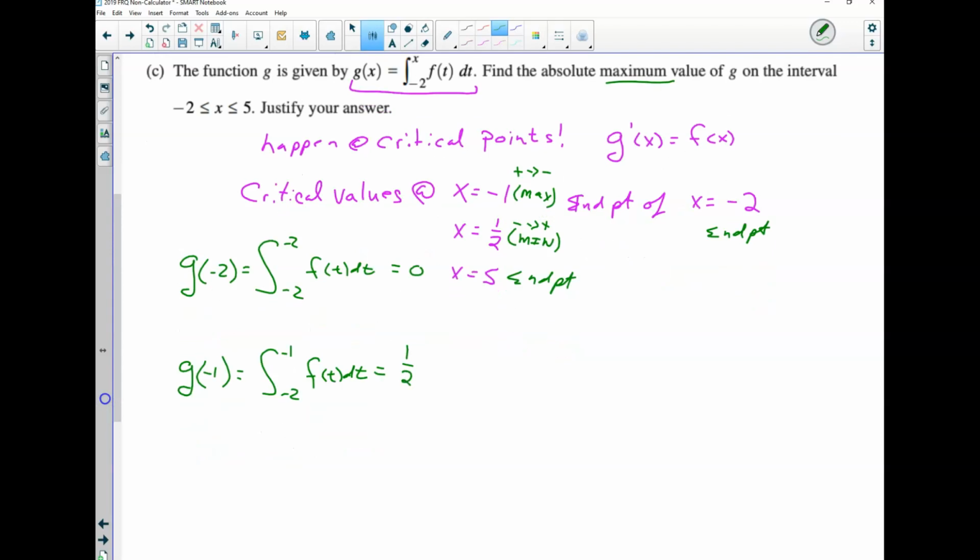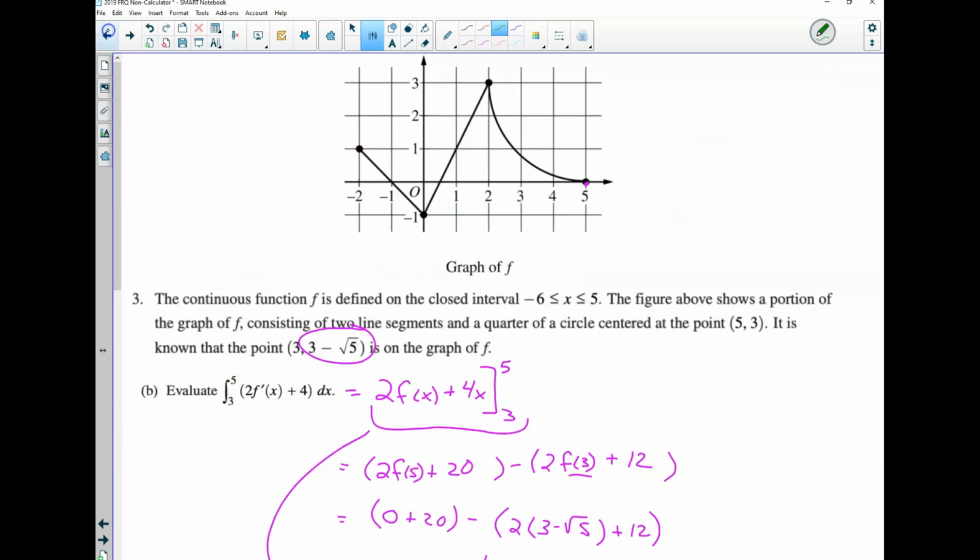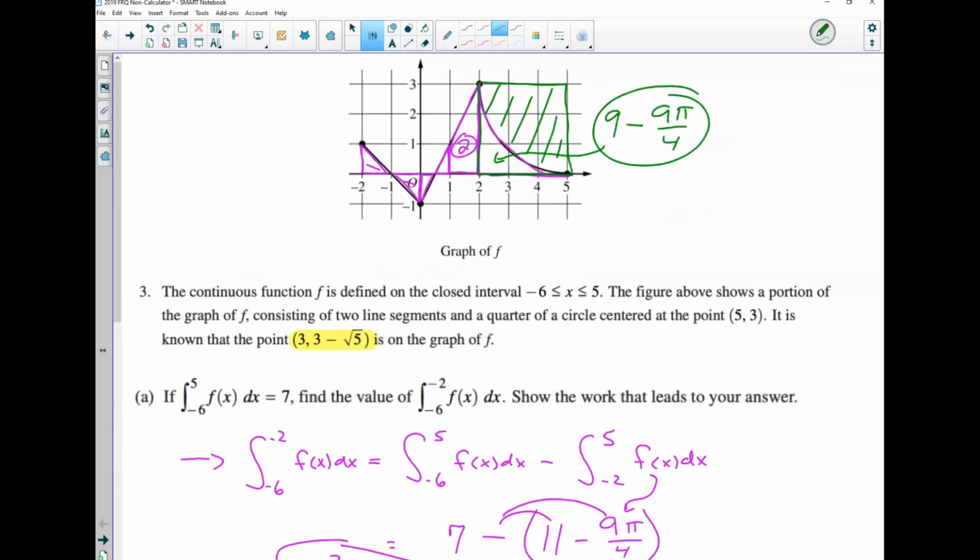And I also need to know my other endpoint. I need to know what g of 5 is going to be. Well, that's my integral from negative 2 to 5. And I found that back in the previous section, didn't I? We found that value back here in part A. That was 9 minus 9 pi over 4. No, it was, yeah. No, it wasn't. Was it? Yeah, it was. No, it wasn't.